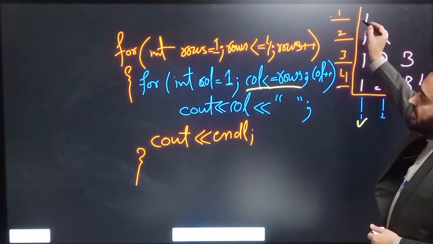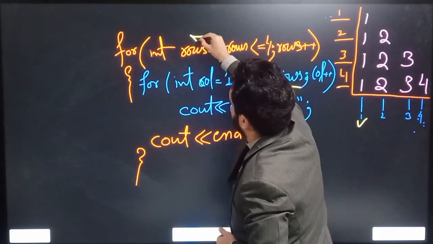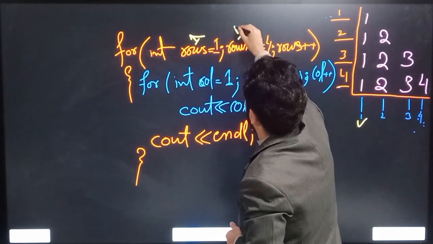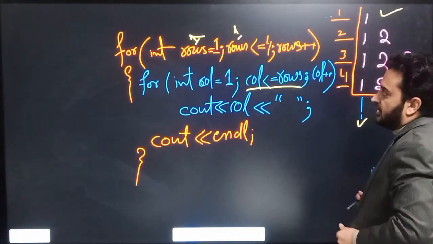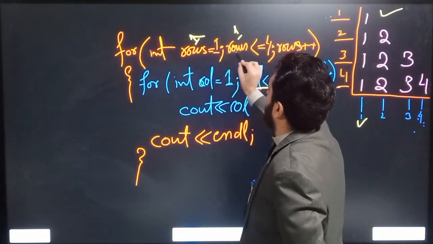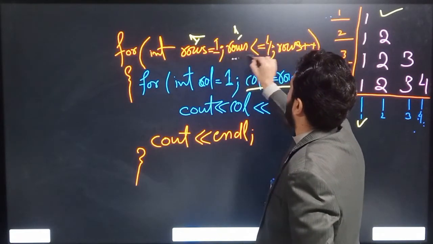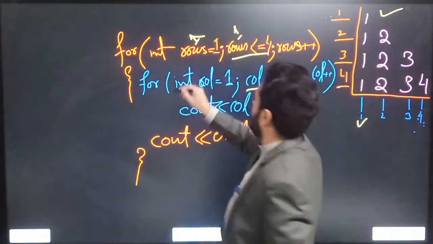In the first iteration, for example, the value of row will be equal to 1. This is the first iteration. For example, we are here to print 1 on the screen. So rows is equal to 1. Is 1 less than or equal to 4? Yes. Then the execution will come to the body.